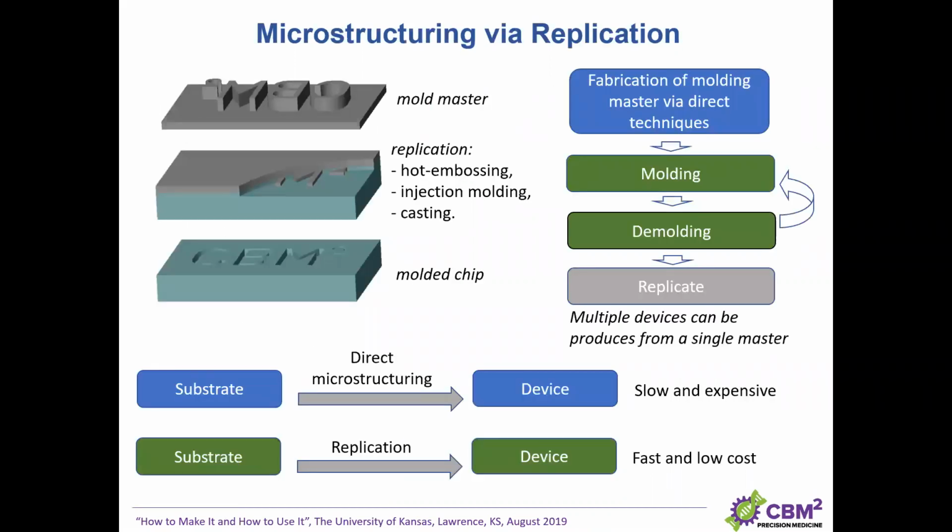This part of the talk is about microstructuring via replication, where we're using some kind of tool that we typically call mold master. We replicate it either by hot embossing, injection molding, or casting. These are the major techniques used in microfabrication to form the part.